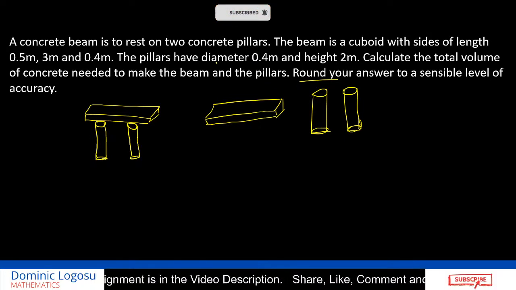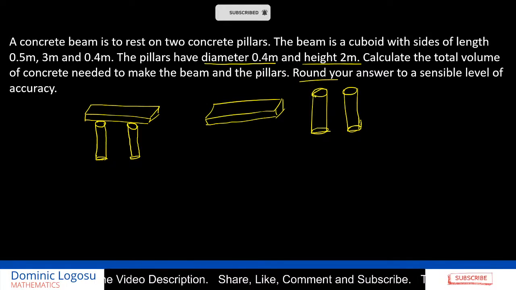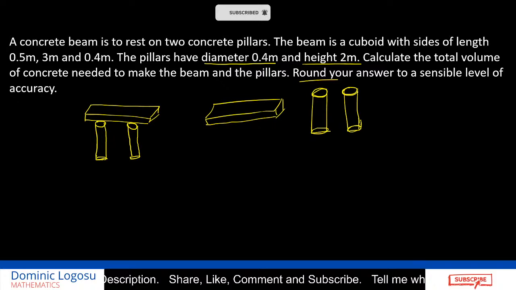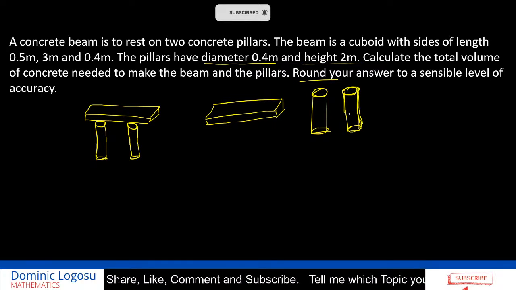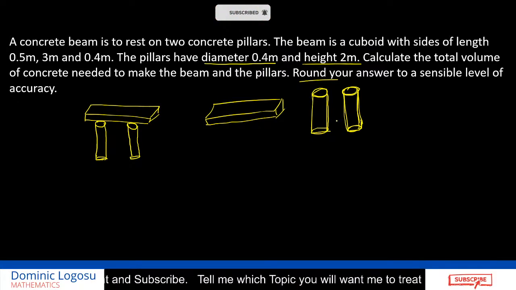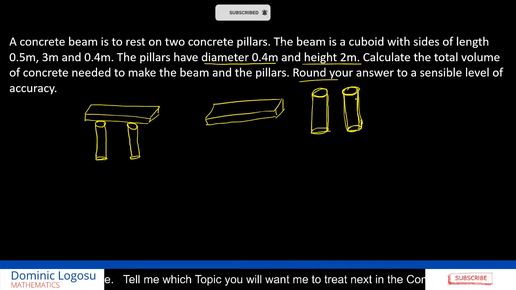Once diameter and height are mentioned, you should be dealing with some form of circular shape. Diameter or radius should give the clue that you'll be working with a circular shape. That's how I know the pillars are in cylinder form.